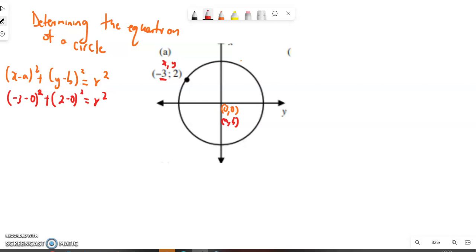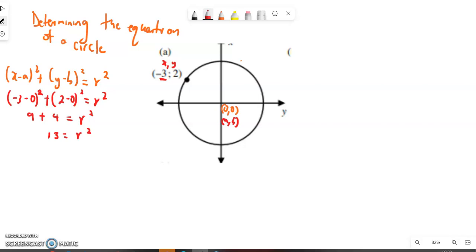So this is (-3) all squared, which is 9, plus 2 all squared, which is 4, is equal to r squared. So 13 is equal to r squared.